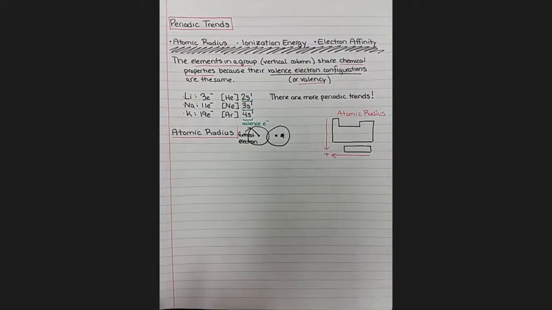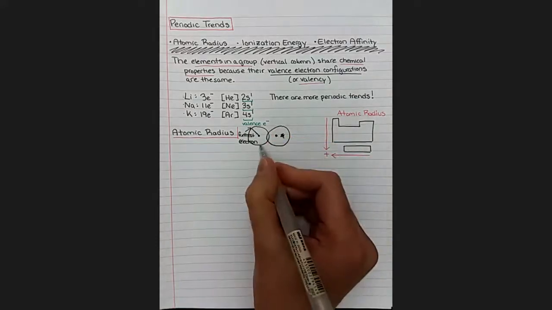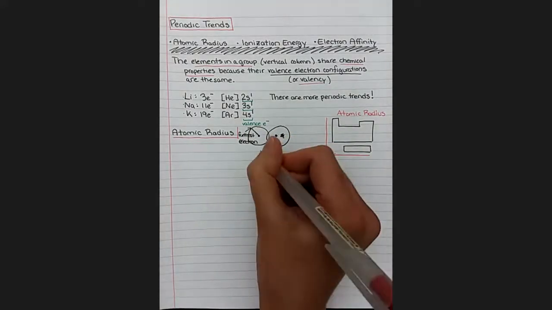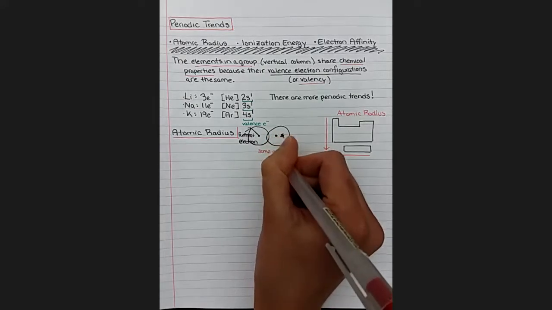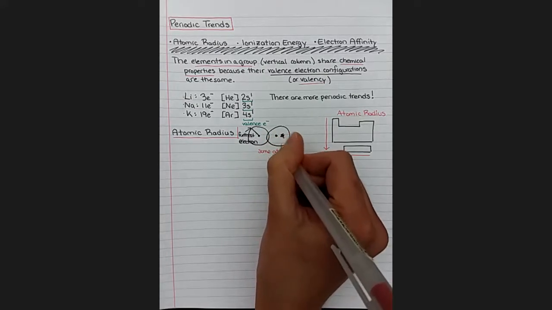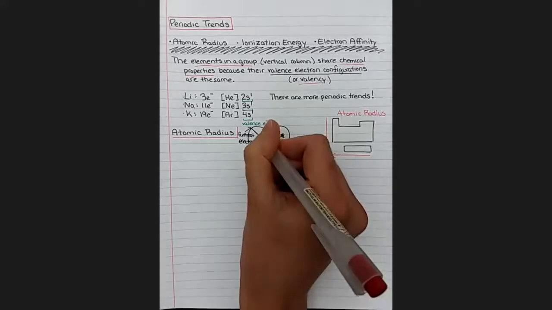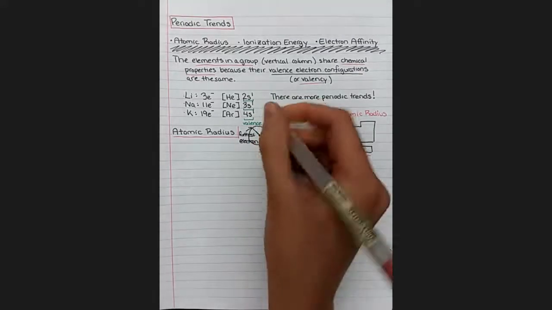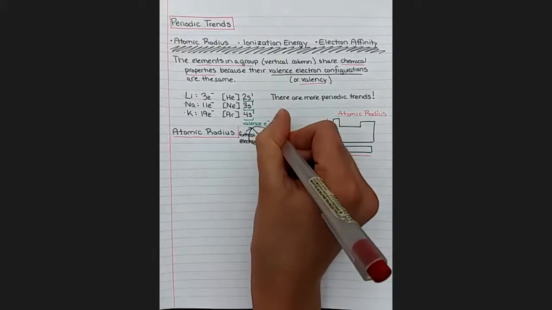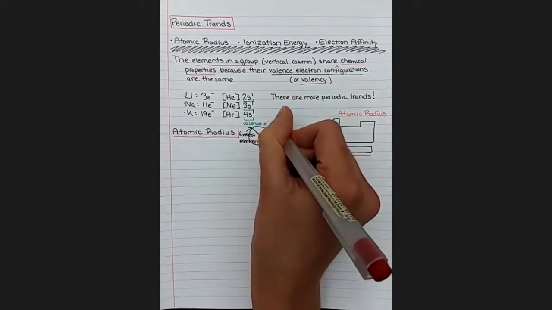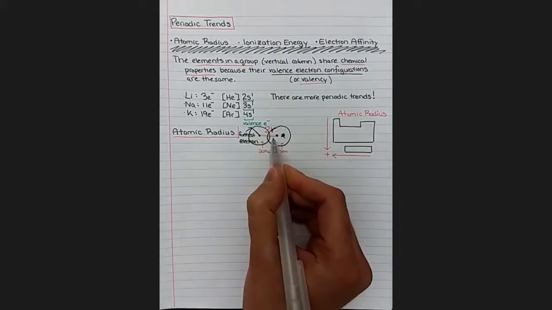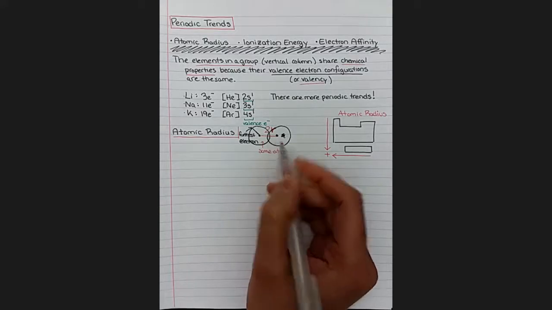So the easiest way for us to measure the radius is to form a covalent compound with two of the same atom, and to measure the distance between the nuclei and divide that number in half to get the radius. So the distance between the two nuclei is 2 times r.